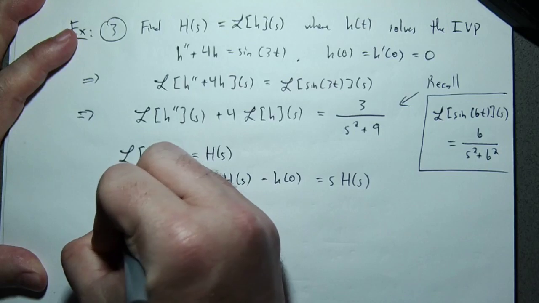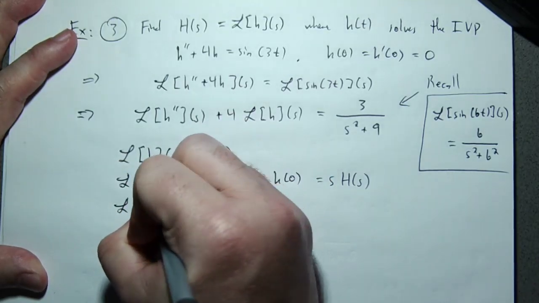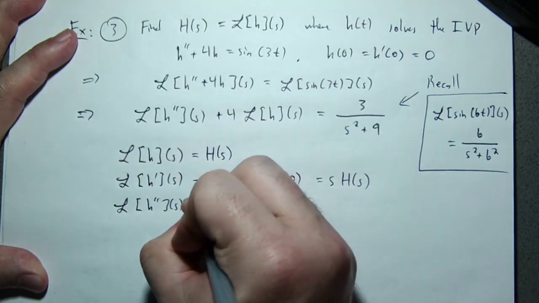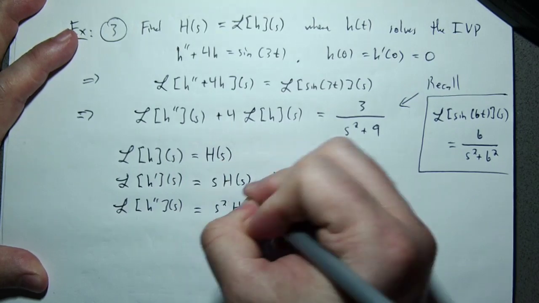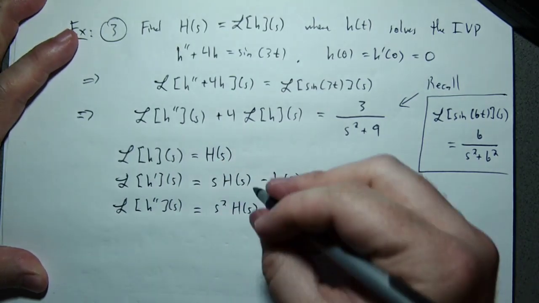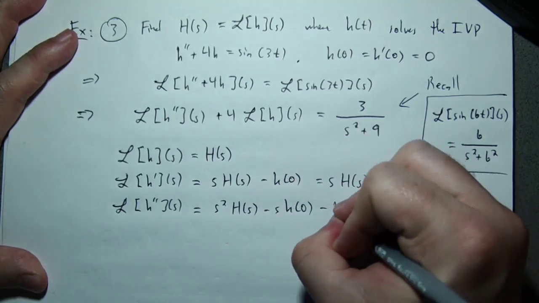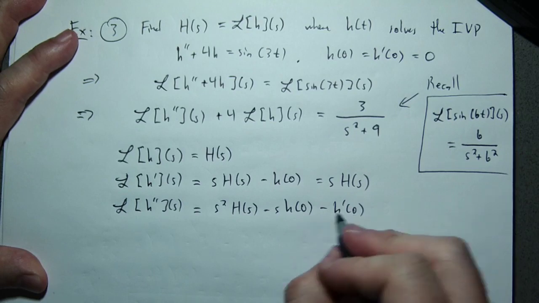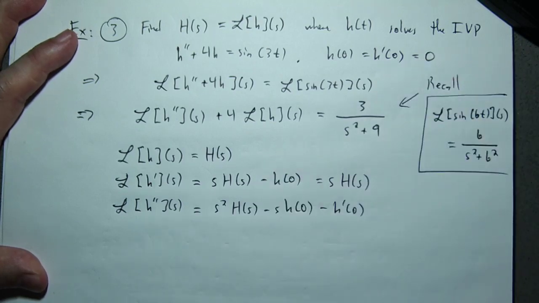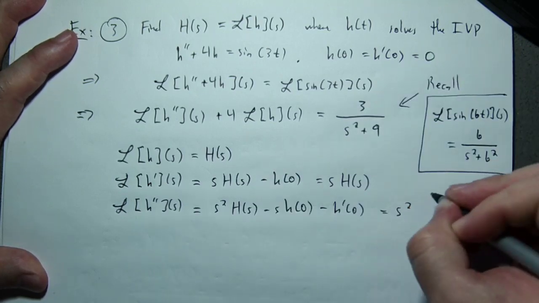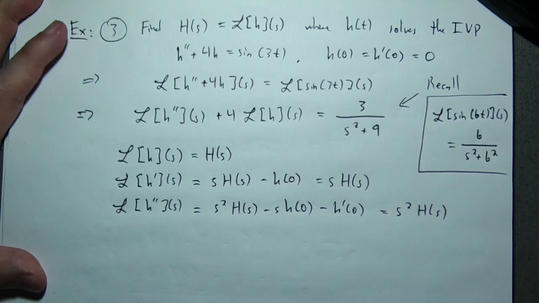And then lastly, Laplace transform of little h double prime of s is s squared big H of s minus s little h of 0 minus little h prime of 0. Both of these are 0 by the initial conditions, and so this is actually just s squared big H of s.